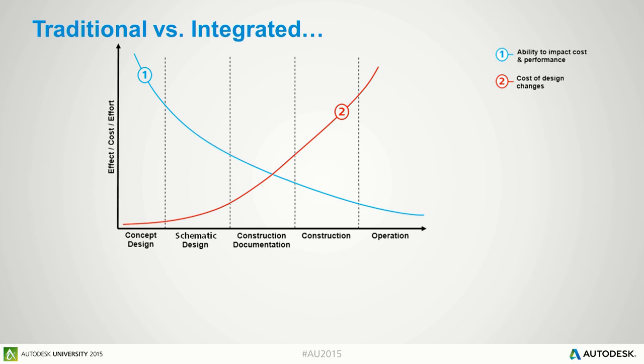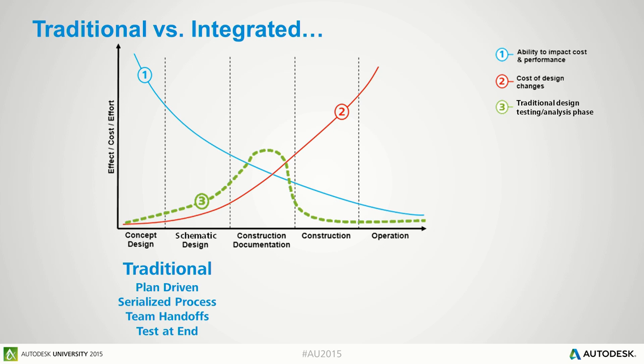So this is something that probably a lot of people who are here who are interested in renewables and energy efficient design have probably seen the chart that tells us that the cost of design changes gets to be greater the farther along the design process we get, and the ability to impact cost and performance is higher earlier in a project.